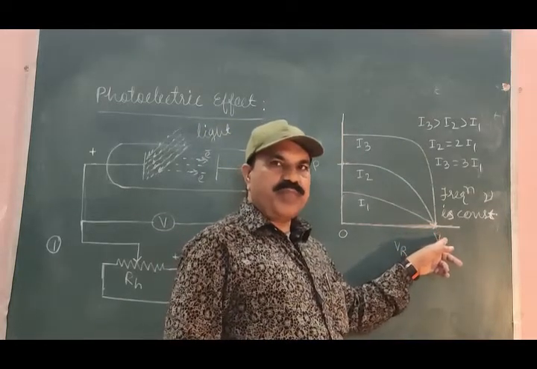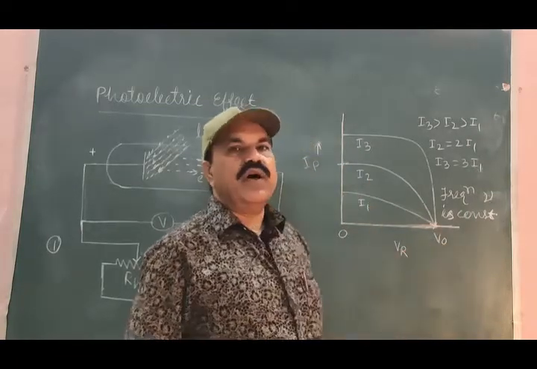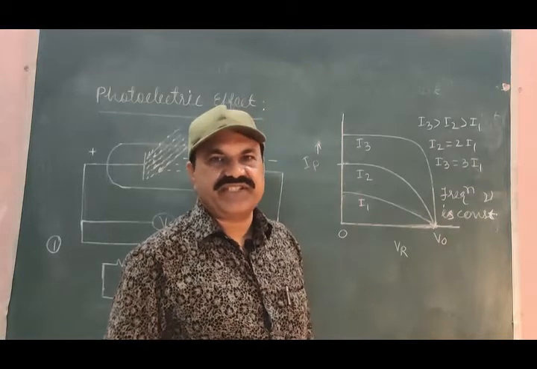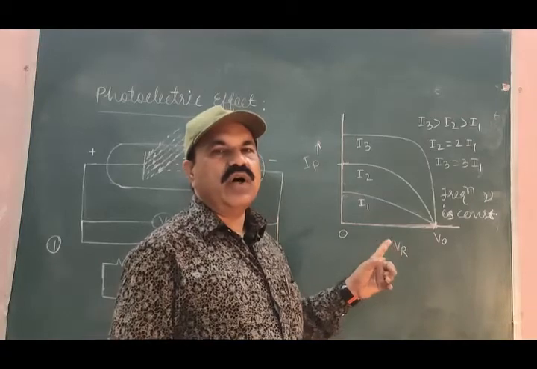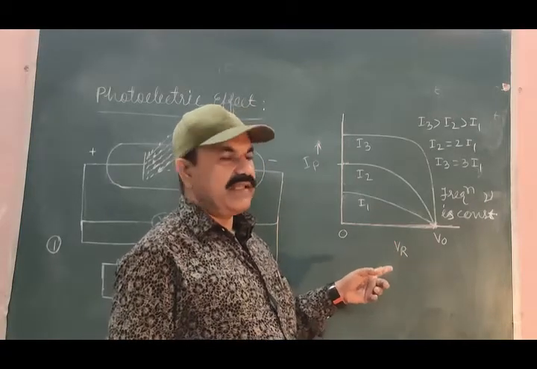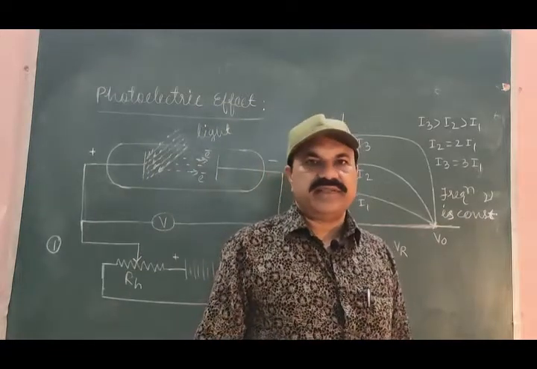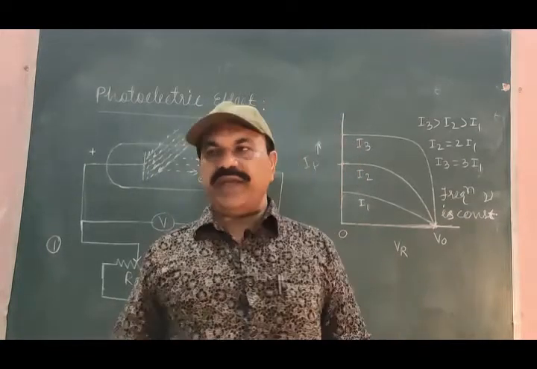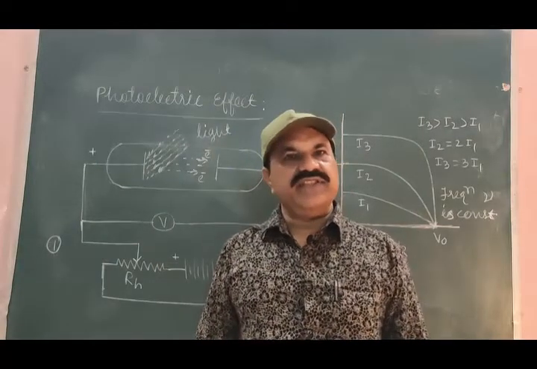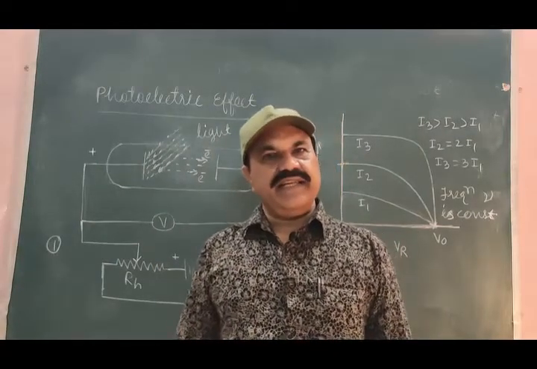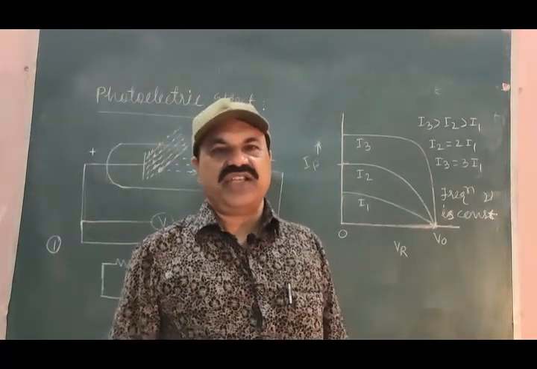The stopping potential is the same for all these intensities. It means that the amount of current flowing through this photocell is related to the intensity of light and the retarding potential.